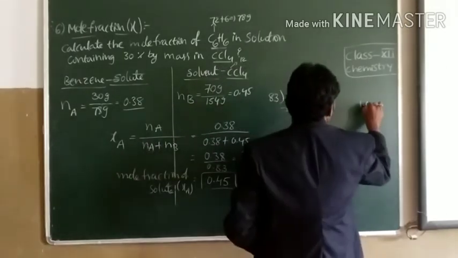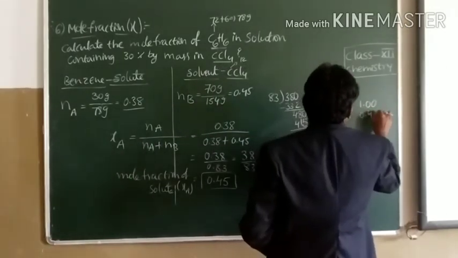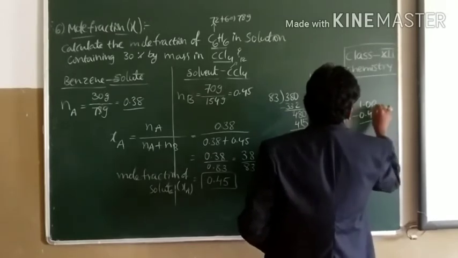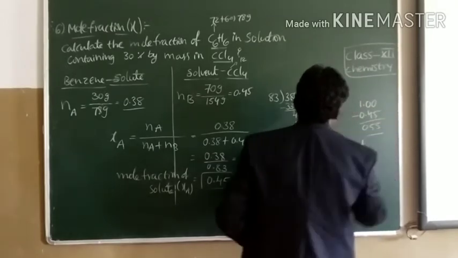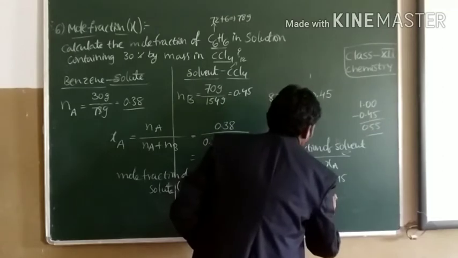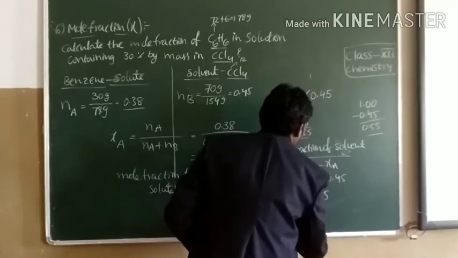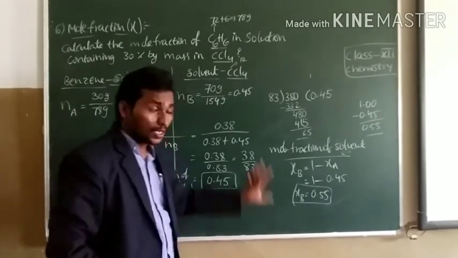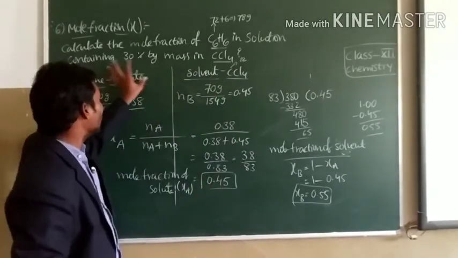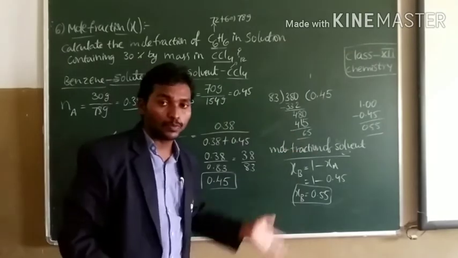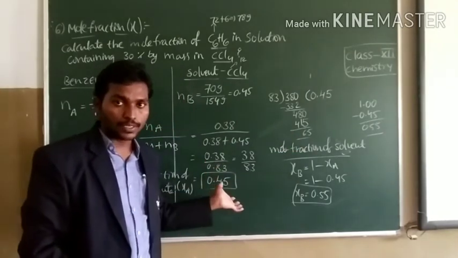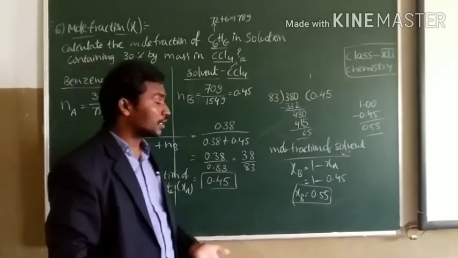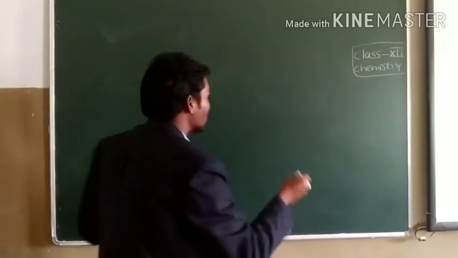How much will that be, children? It is 0.55. This is the mole fraction of solvent and this is the mole fraction of solute. This is the way we have to find the mole fraction of solute and solvent in the given problem. This is mole fraction, children. Let us see molarity. The molarity of the solution, children.